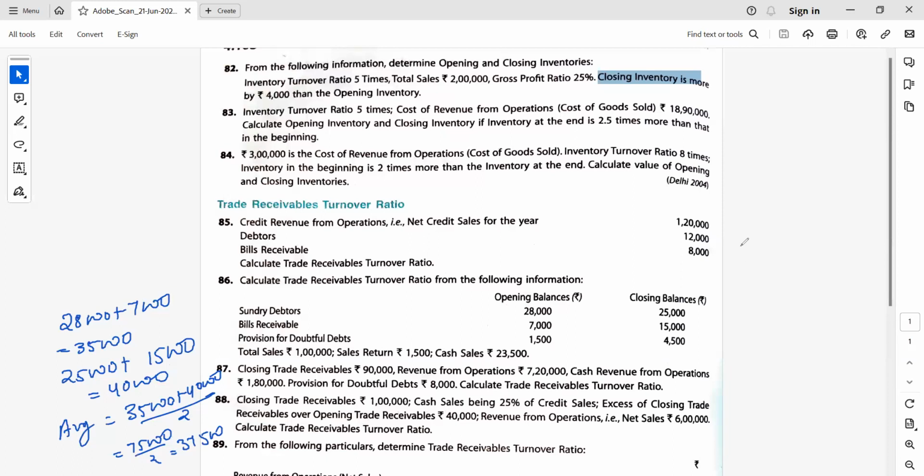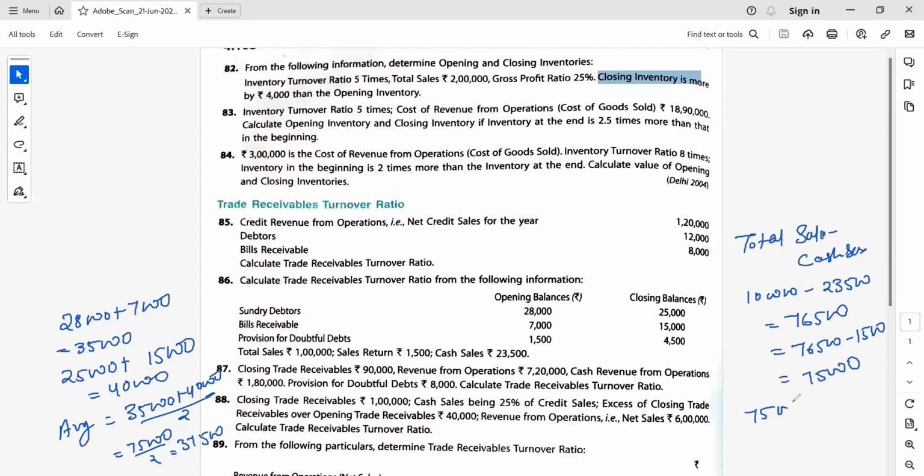Now, we need credit sales. So total sales minus cash sales. It will be 1 lakh is total sales, and from that, if we remove cash sales, we will get 76,500, and from this, if we remove 1,500 of sales return, then we will get net credit sales, that is 75,000.